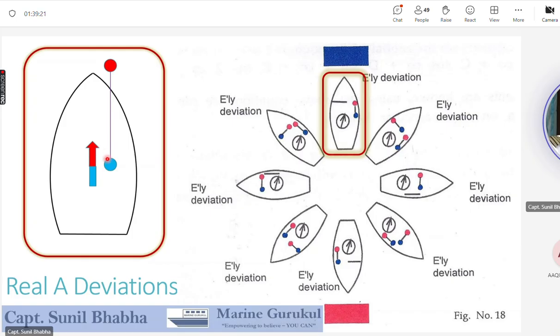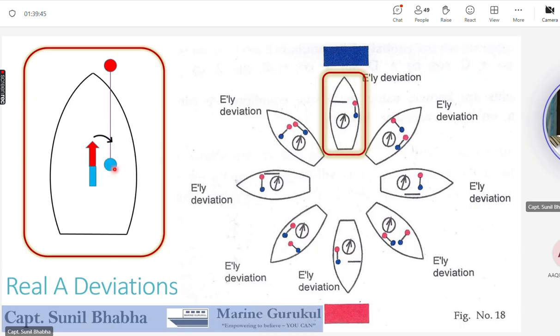When it attracts the north end towards it, the compass is going to deviate to the right side. Looking at the diagram, it is going to deviate to the right side, and that is the easterly side. With the vessel heading north, the right side is the easterly direction, so an easterly deviation is generated.